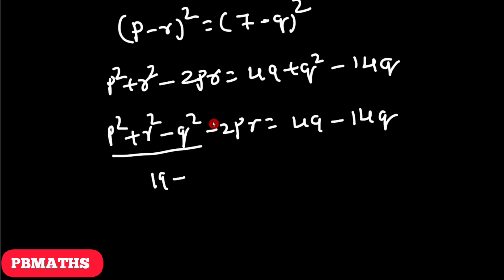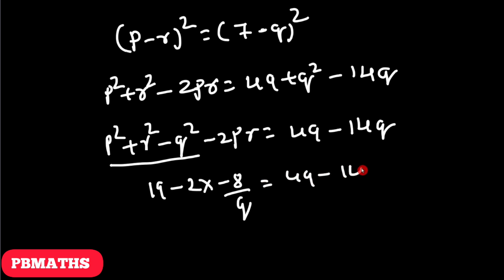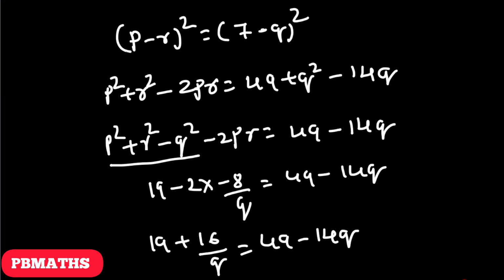So, we have 19 minus 2 into minus 8 by q equals, let's write the right hand side part as it is. Now we got 19, minus into minus gives us plus 16 by q, equals 49 minus 14q.